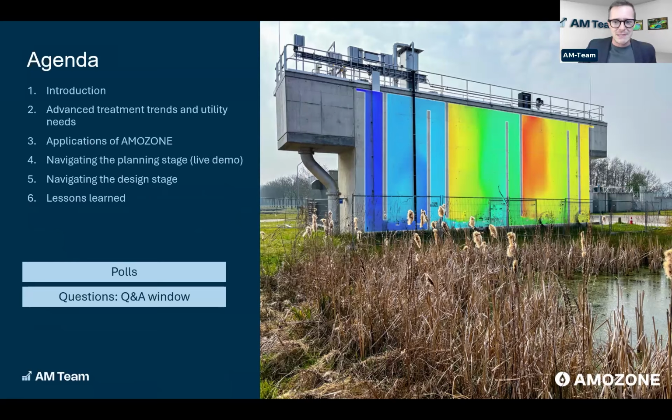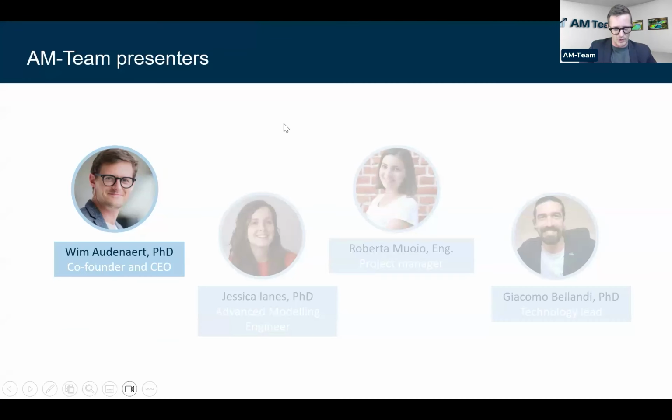Okay, so AMOZONE is this modeling solution we have been developing and applying throughout the last years. And how do we then use it to navigate the planning stage? And how do we use it to navigate the design stage? And we will close with some lessons learned, because we are now in the market with this solution for over 6-7 years. And we could see some patterns and some important takeaways. So this is for the last points.